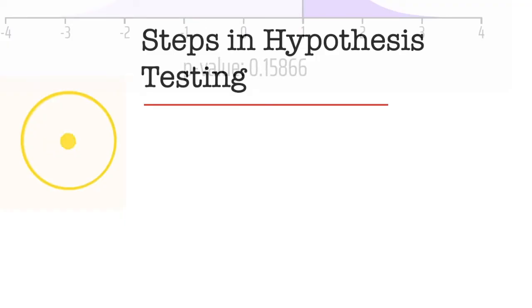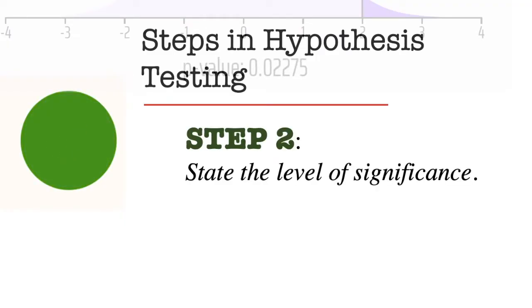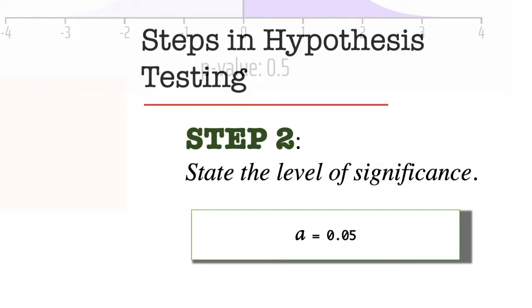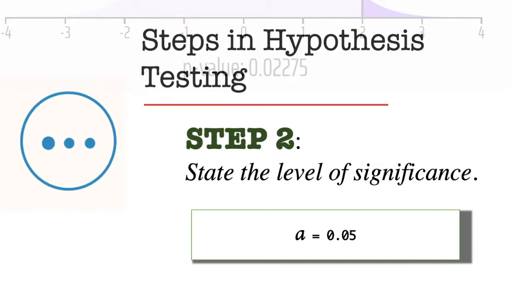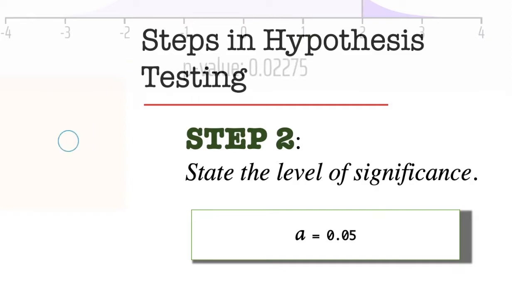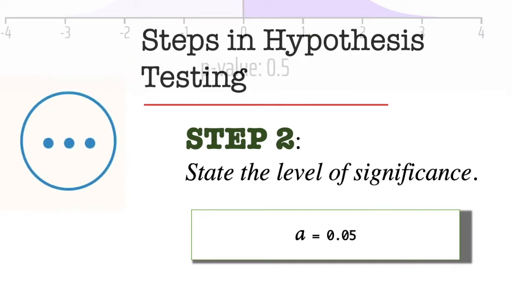Step 2 is state the level of significance. The significance level, denoted by the Greek letter alpha, is generally set at 0.05. So we're going to follow this significance level.